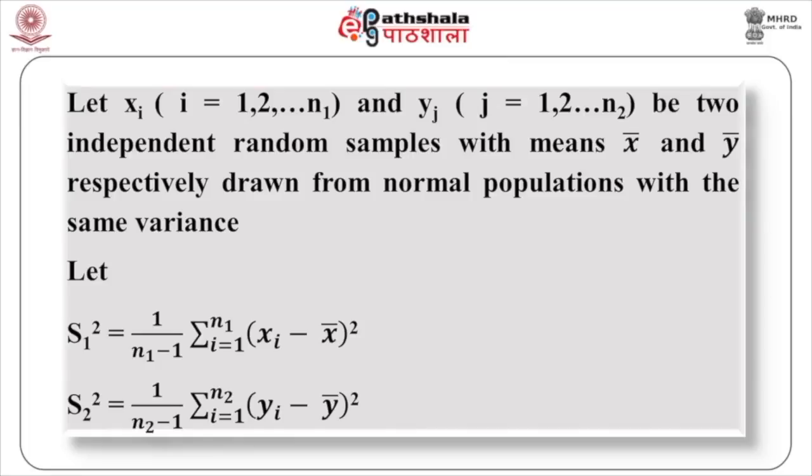Now let S1 square equals 1 divided by n1 minus 1 multiplied by sigma i equals 1 till n1 of xi minus x mean whole square. S2 square equals 1 divided by n2 minus 1 multiplied by sigma i equals 1 till n2 of yi minus y mean whole square.